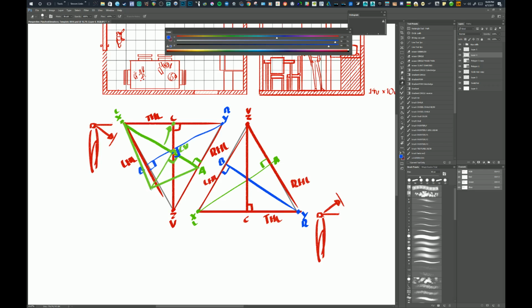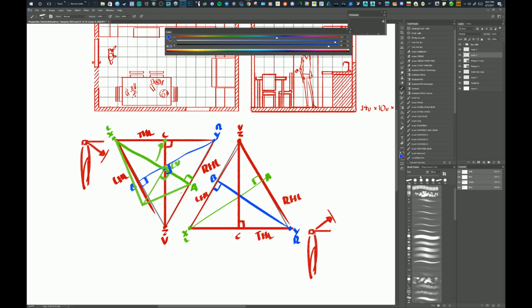The general rule of thumb, which I've developed over time because I see patterns fairly quickly, is that the mark you make at 30 degrees on each side from the eye, which creates a 60-degree cone of vision, is usually just half of the distance line. So I take my station point and my center of vision, and I half that, and that will essentially be my cone of vision.